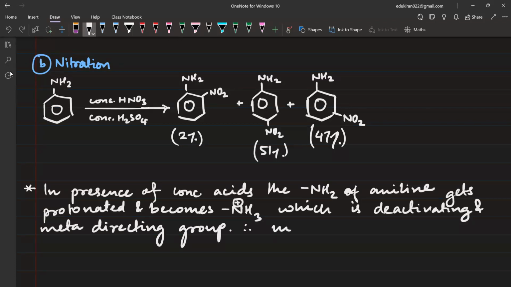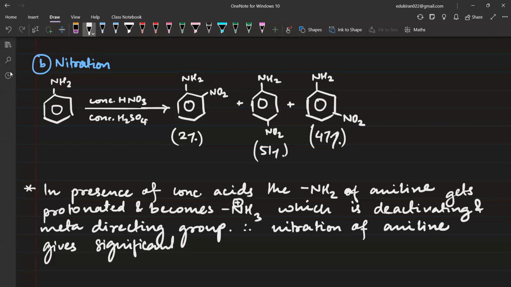Therefore nitration of aniline gives significant amount of meta nitro aniline.